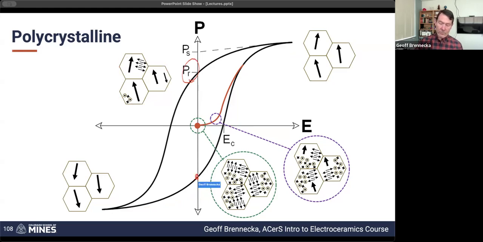So by changing the polarity of the applied field, we're basically able to switch between this positive remnant state or negative remnant state.